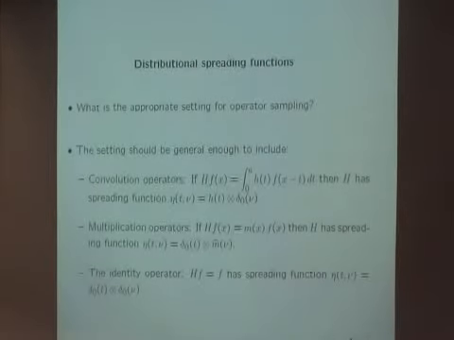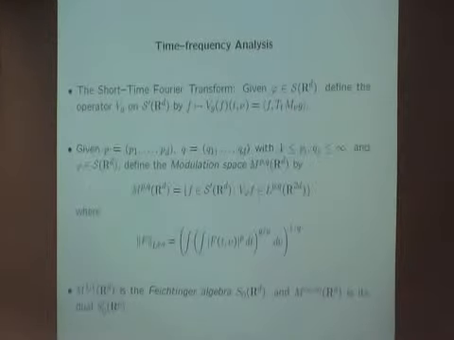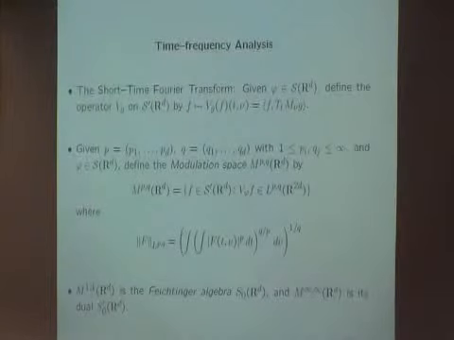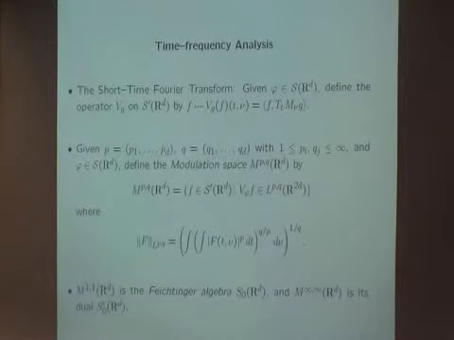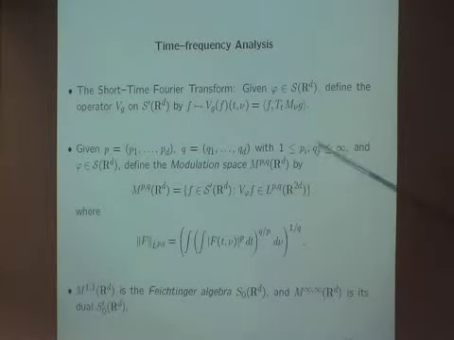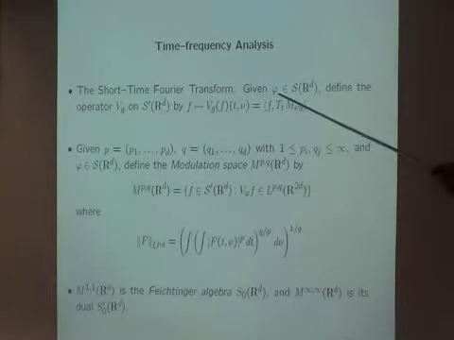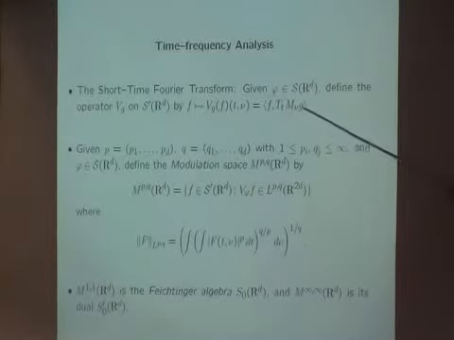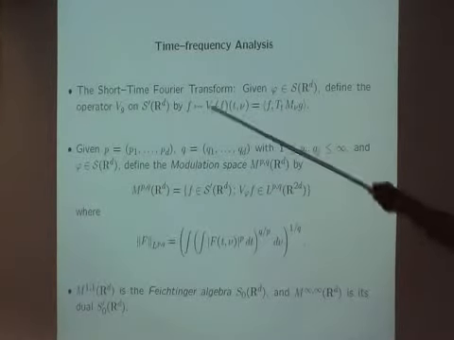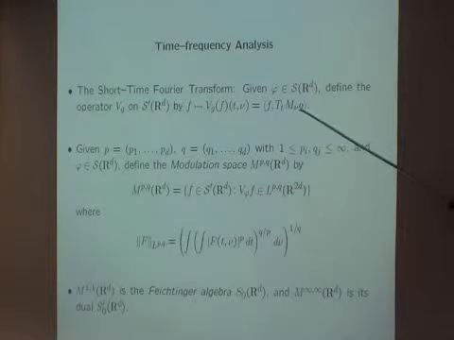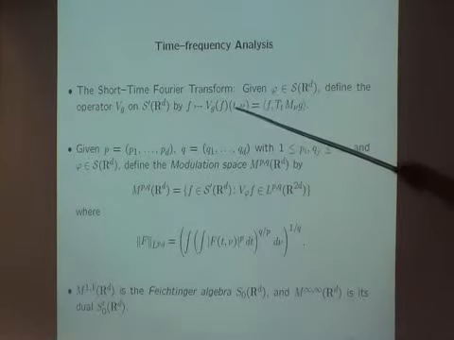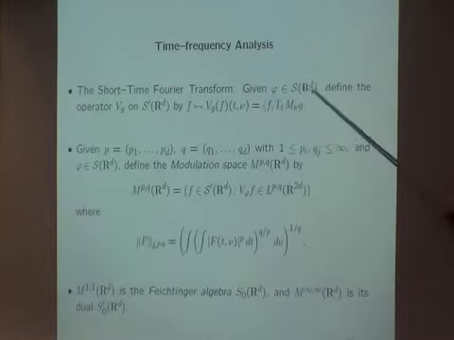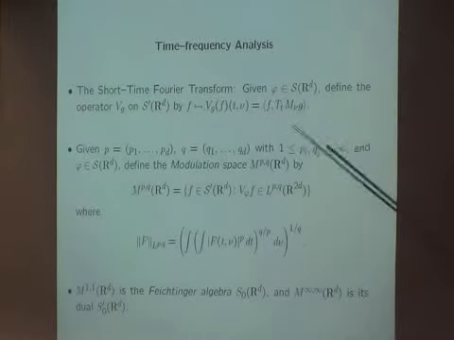So to identify that appropriate setting, we once again turned to time frequency analysis and define the modulation spaces, which I think are probably familiar to 95% of you in the room, but that's okay. If we're given a function phi, we look at the short time Fourier transform, which looks like this. The g should be a phi. That's a typo. I apologize. So we can define the short time Fourier transform, now a function of 2D variables in R^{2d}.